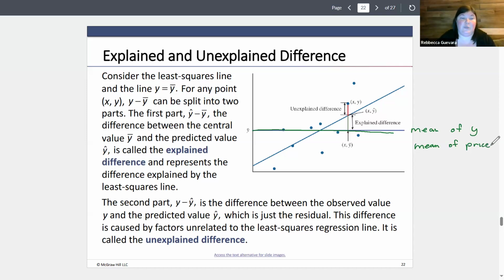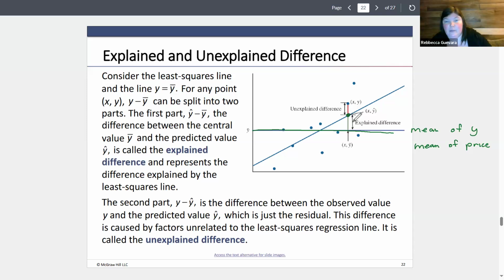For any point (x, y), y minus y bar can be split into two parts. The first part, y hat minus y bar, is the difference between the central value y bar and the predicted value y hat. This is called the explained difference.